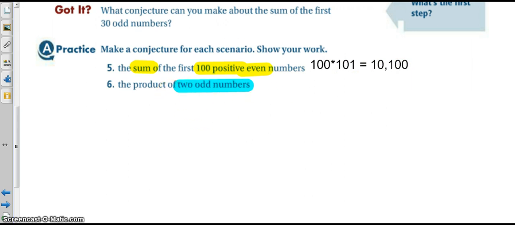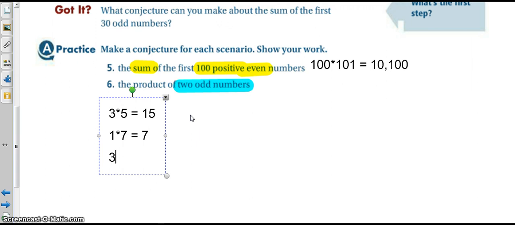Now for the product of two odd numbers, you might want to try some examples with that first. So you can look at, let's say, 3 times 5 equaling 15. You can take an even easier one, like 1 times 7, which would just be 7, or 3 times 7, which would be 21.